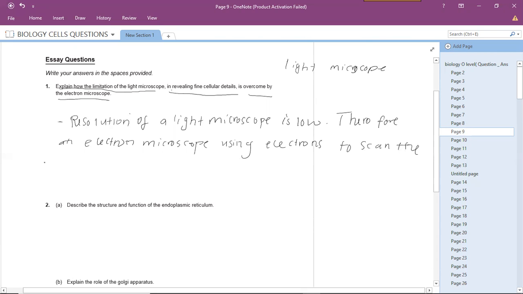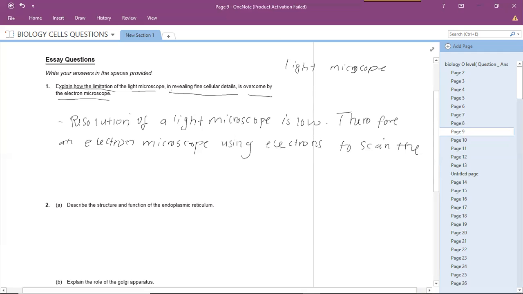the surface. Think of an electron microscope as a photocopy machine. It passes electrons over the surface of the cell to produce a very detailed structure. But the bad part is that the cell has to be dead for you to see the detailed structures properly.